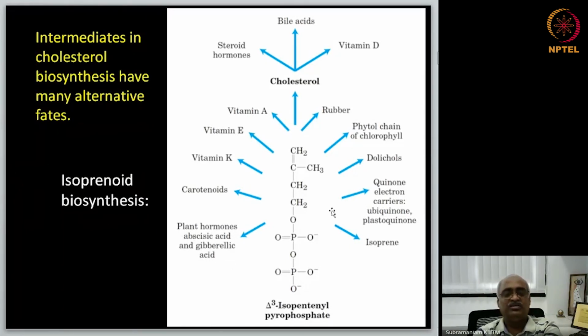So many molecules are produced from this isopentenyl pyrophosphate, and they are all together called isoprenoids, and this is isoprenoid biosynthesis. These are the variety of molecules that are produced from the isoprene that is produced as part of cholesterol biosynthesis. And many fragrances, as I told you, are derived from this.